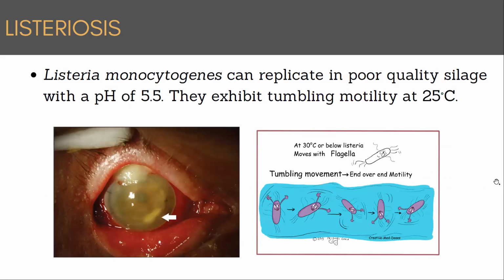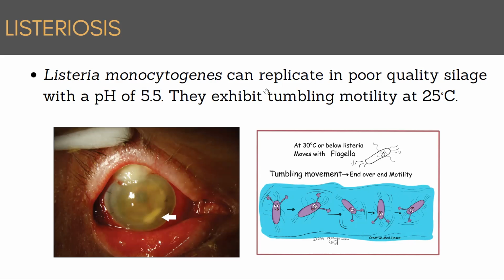So, yun. So, ito rin, common, tinatanong to paminsan sa exams. Listeria monocytogenes can replicate in poor quality silage with a pH of 5.5 and they exhibit tumbling motility at 25 degrees Celsius. So, as in, legit, nag-tumbling sila. So, i-search nyo man sa YouTube, tumbling motility listeria, as in, ikot-ikot sila.